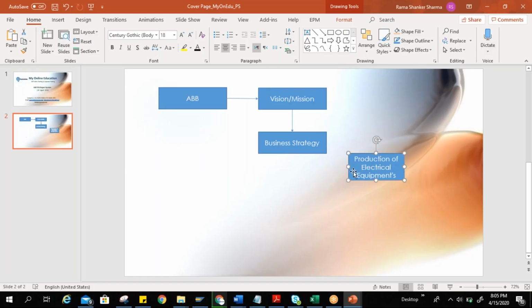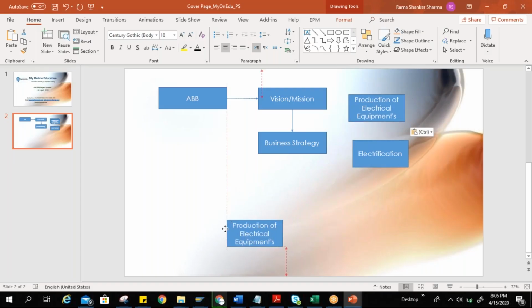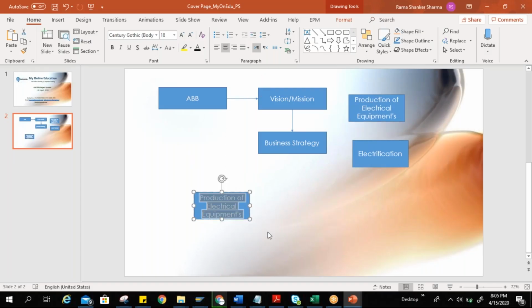Let's say they are in production of electrical equipment, and apart from that they are in electrification also. When they are going to produce any electrical equipment, they need to have a factory, a manufacturing unit.